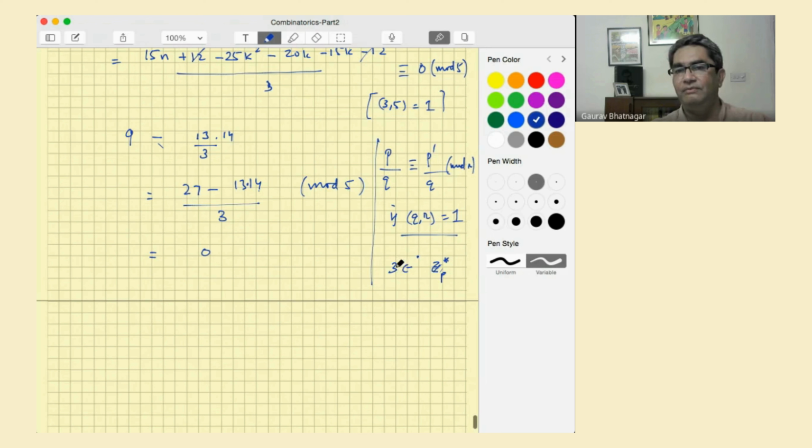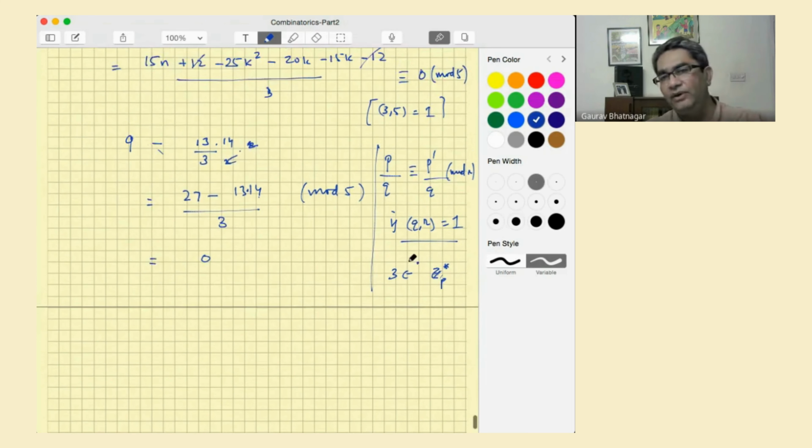So you have some number which, when you multiply it, you get 1. In this case, 3 into 2 is 6. Right. If you multiply the top and bottom by this, then you get this is 1 and whatever. So that's how it works.